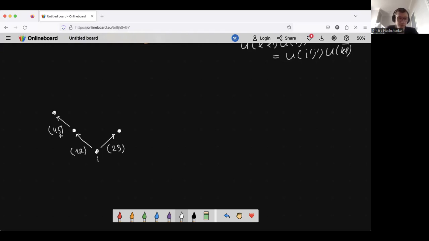Maybe I should say the size is 5 because I put the index 5 here, but yes, let's say that. So the size is 5. And then we can apply, so this is our Uij and UKL. So Uij is U1,2 first, and then U4,5. And UKL is just one unlinking, so this is just U2,3.